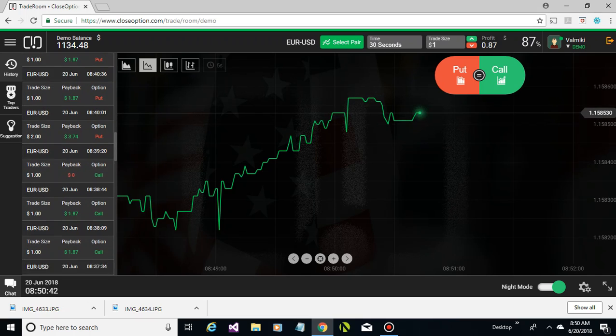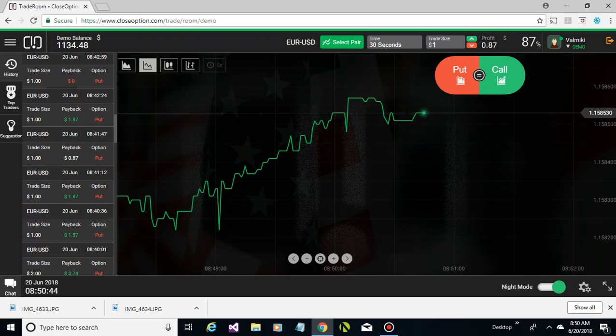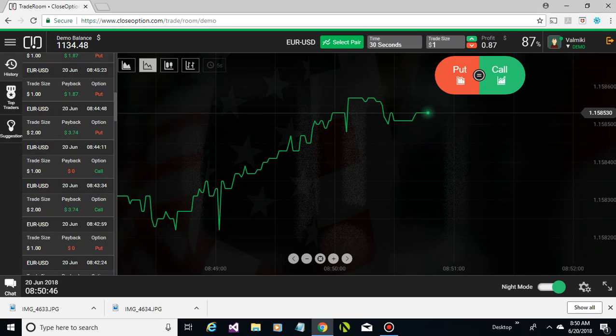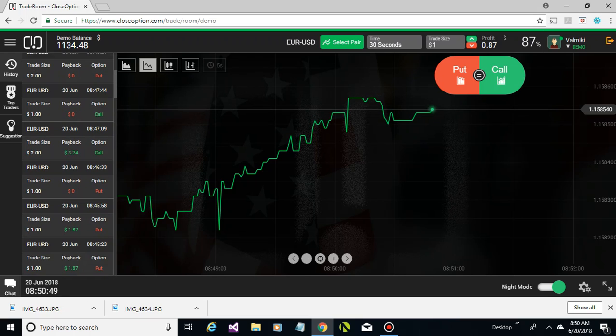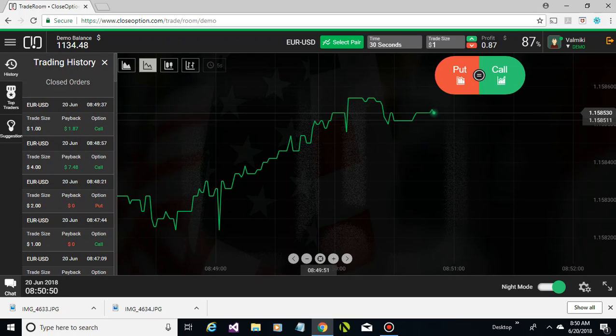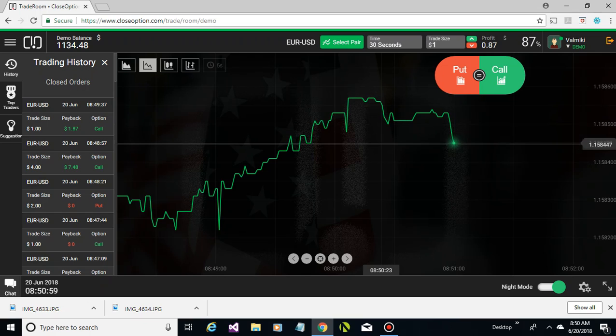Looks like the highest progression we ever had to go was actually only $4, which is pretty low risk. So $4 is actually a third progression. So we won all our trades within 3 progressions, which is a very good statistic.